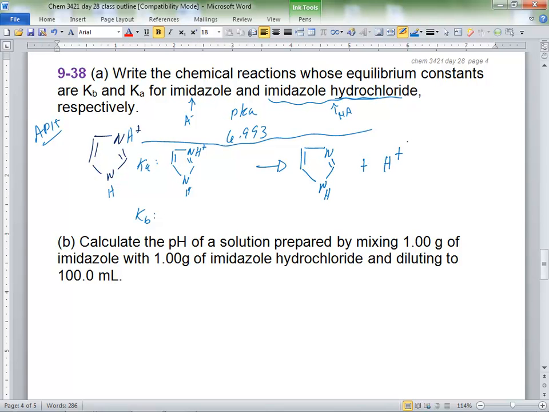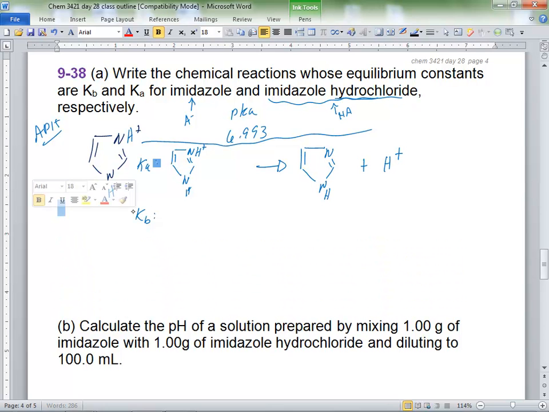All right. And then the Kb reaction. Conjugate base, which is just imidazole, what we just wrote over here. I'm so sloppy with writing these things.